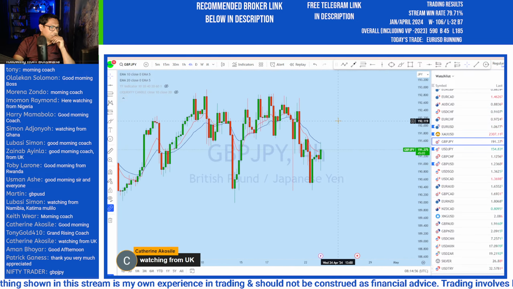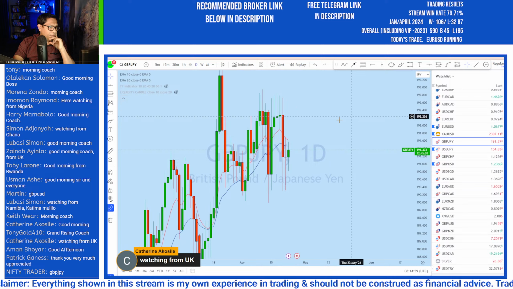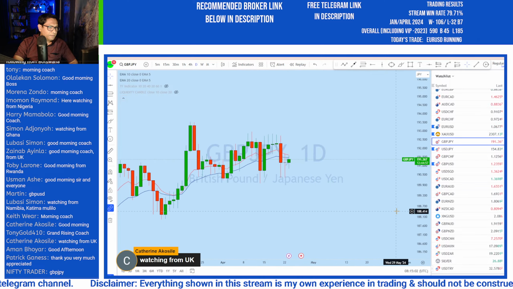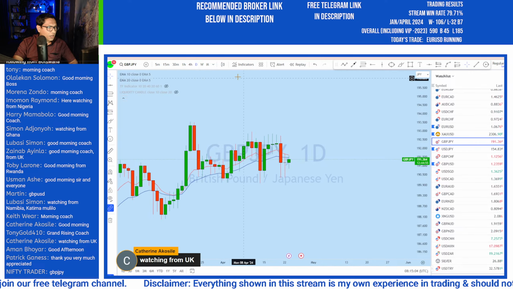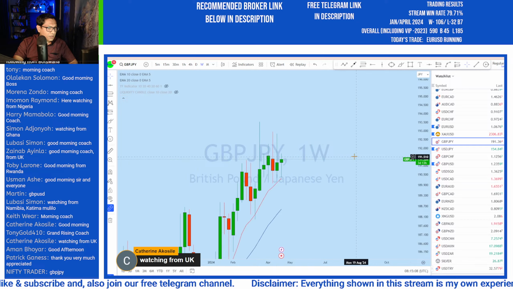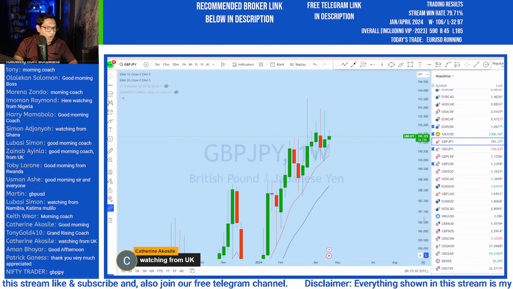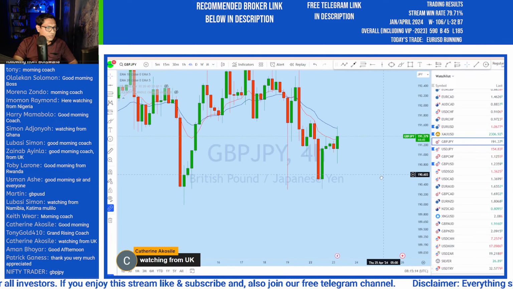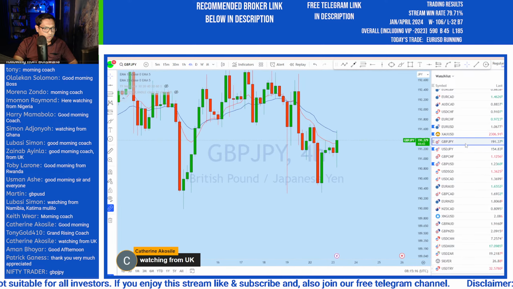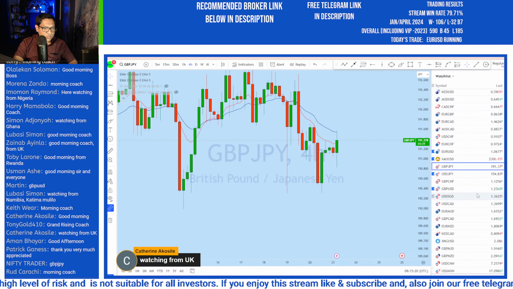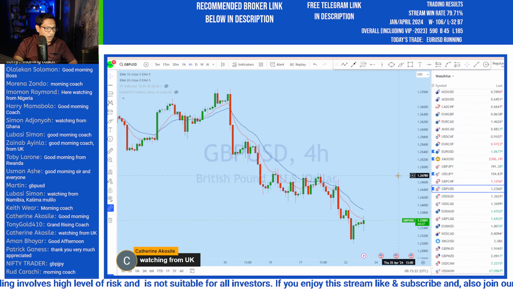I think that GJ and GU, both of them are preparing for a potential move here. News might create a spike. Gbpjpy also forming a bullish pattern. So let me see which one might be giving the best opportunity along with the Gbpusd and Gbpjpy.